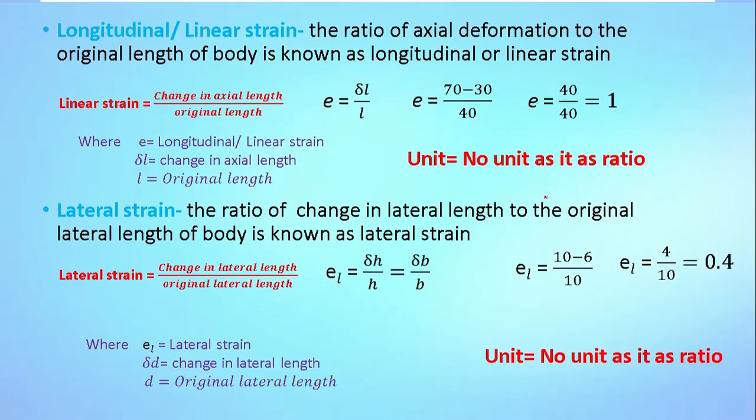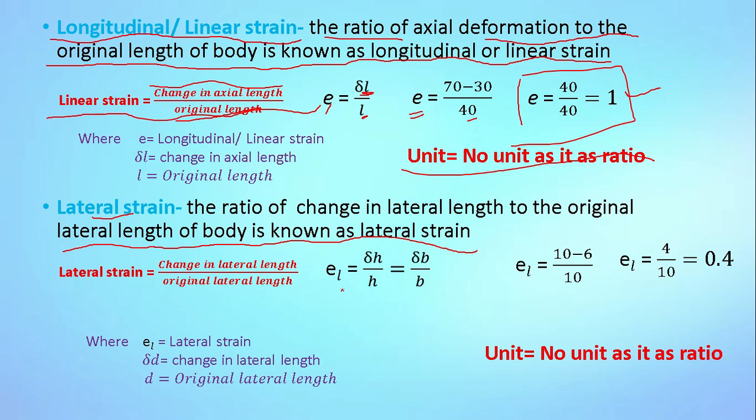So change in lateral length to the original length is the lateral strain, denoted by e_L, equal to del H divided by H, equal to del B divided by B. That means change in height divided by original height, or change in breadth divided by original breadth.